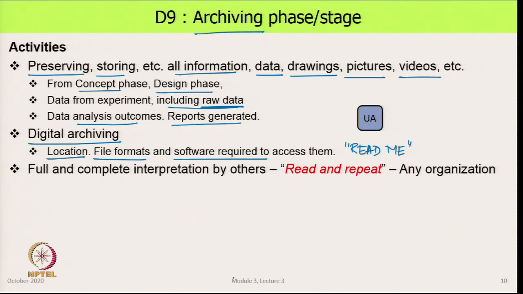We should have everything in so much exhaustive detail that someone not known to you should be able to read and repeat it and completely perform the experiment from scratch by reading the report anywhere that you are there. That is the ultimate proof that everything you have done is perfect.